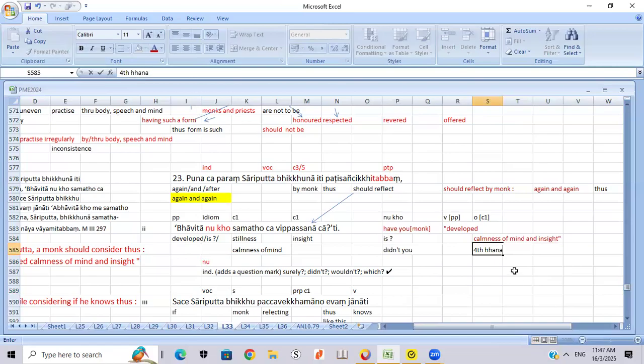Okay, you get to go to fourth jhana. I try to explain this part because a lot of us are going for meditation, and we still seem not to understand the aspect of fourth jhana.